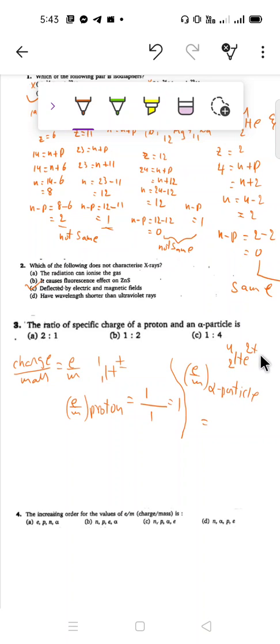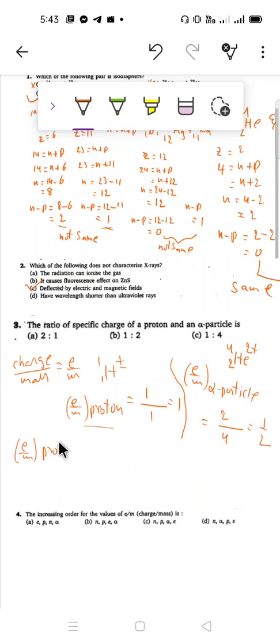E by M value means charge by mass. Charge of this one is 2 plus, that is 2 by mass 4, that is equal to 1 by 2. Then the ratio, they ask you the ratio of this one by this one.